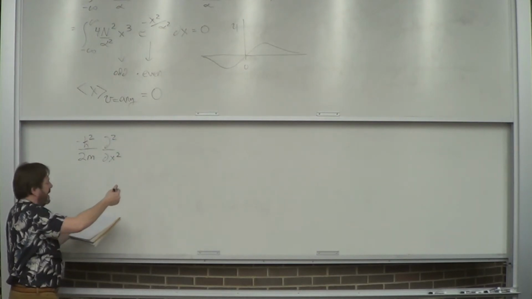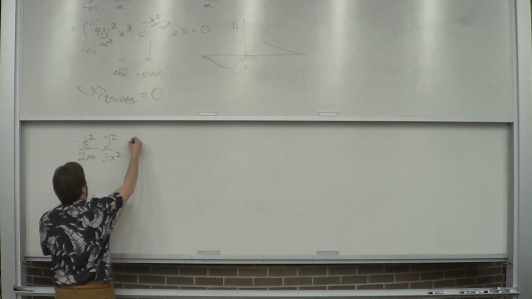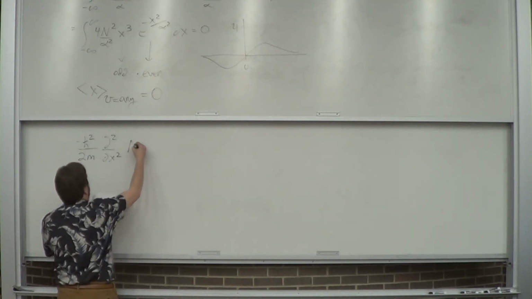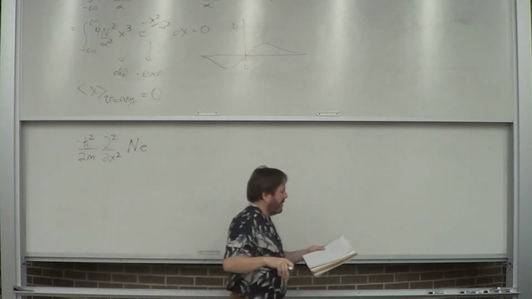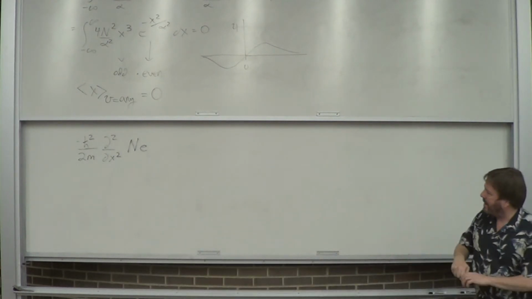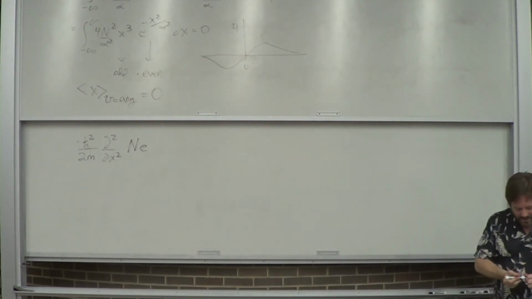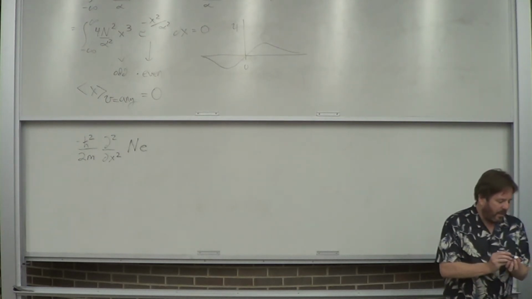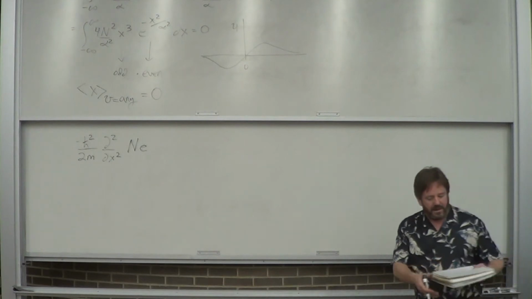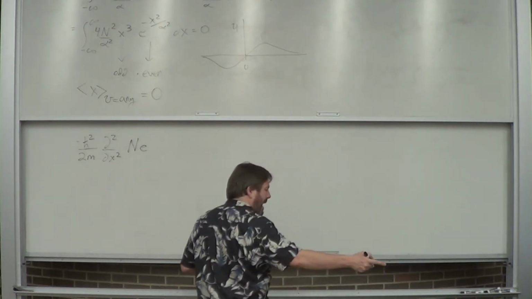Okay, kinetic energy operator. Now the thing about the normalization constant is that it never matters in an expectation value or an eigenvalue equation. Yeah, I can barely read that. Let's just limp along with this last pen.